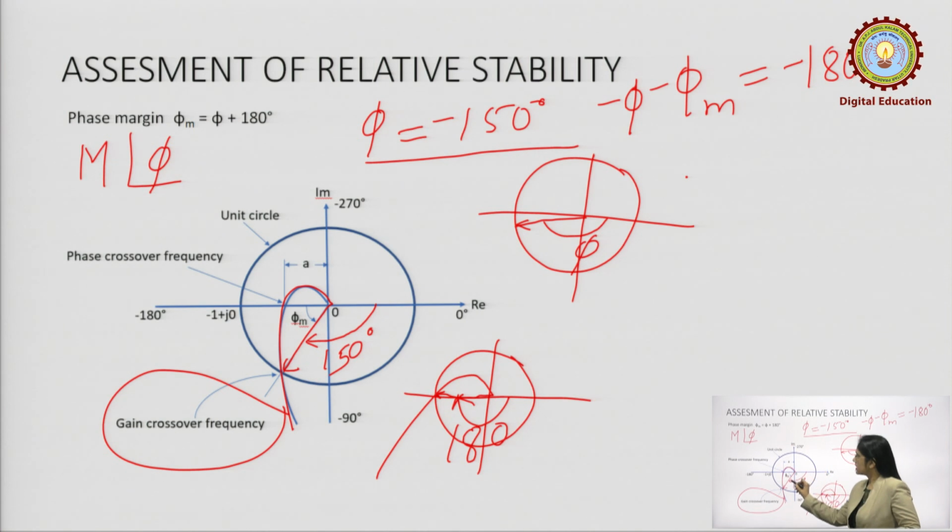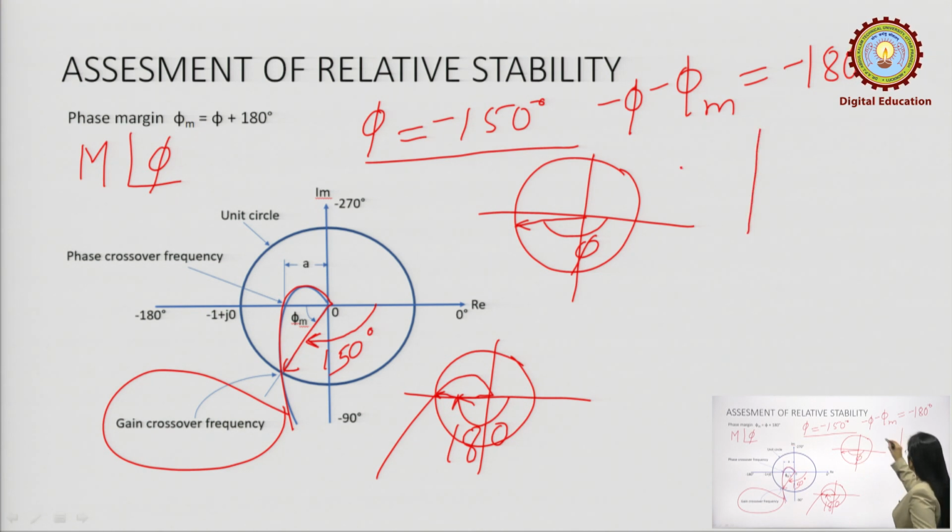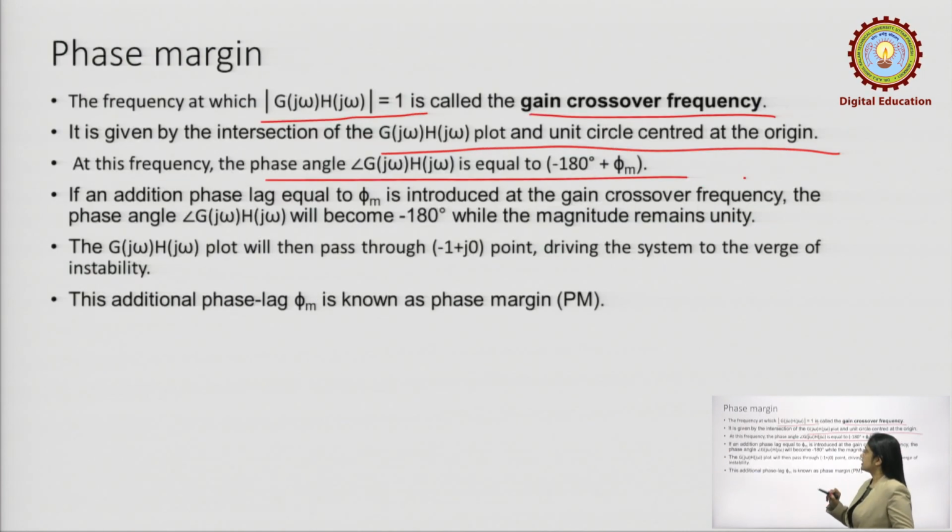So, this is the phase angle, and phase margin is always measured from the negative real axis. Its value is positive from the negative real axis. That means, when you are measuring this phase margin, it is measured from the negative real axis and it is measured as a positive value.